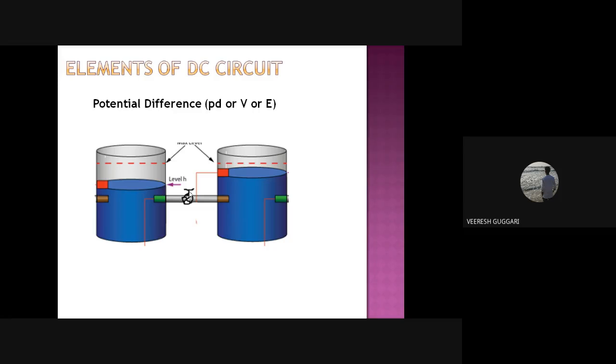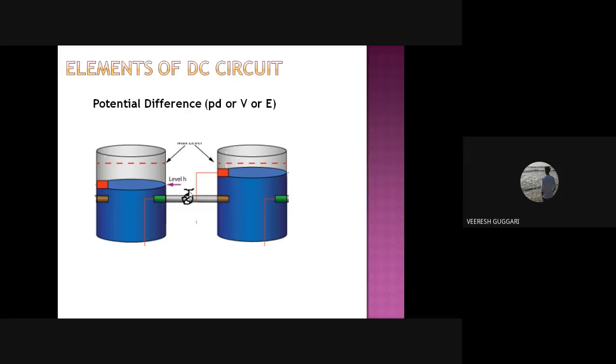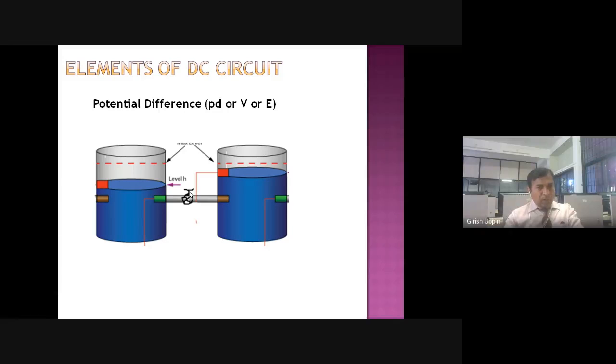Water will flow from B to A. Correct. How long will it flow? Till it comes to equilibrium, till both reach the same level. Yes, sir, that is correct.